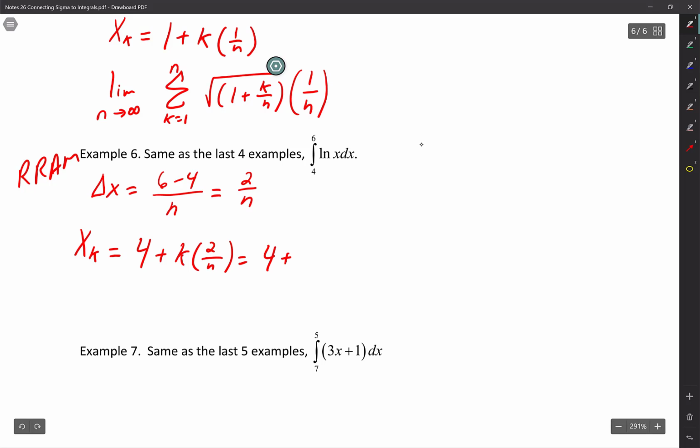So 4 plus 2k over n. I'm ready. Limit as n approaches infinity of the sum from k equals 1 all the way to n of ln of 4 plus 2k over n, times 2 over n.